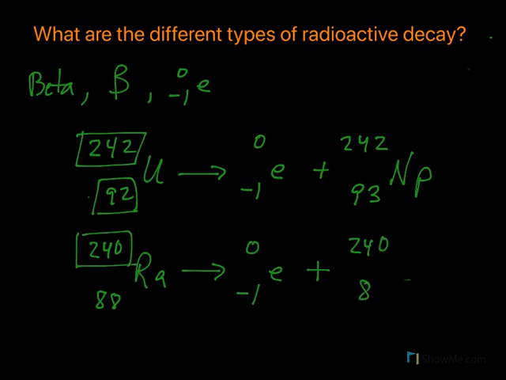And this must be 89, because 89 plus a negative 1 is 88. An element with atomic number of 89 is actinium. So the products for our radium-240 beta decay are a beta particle and actinium-240.